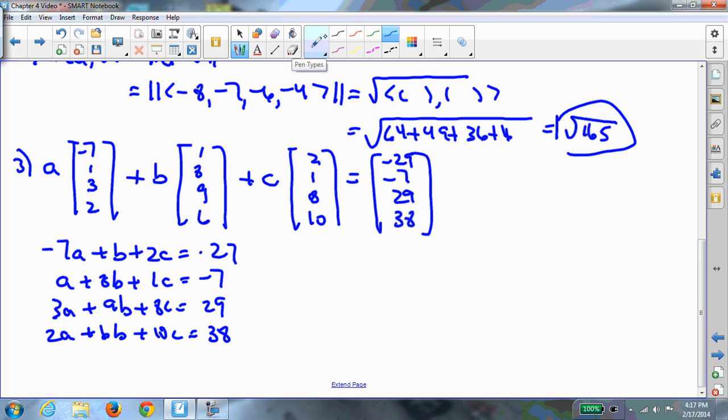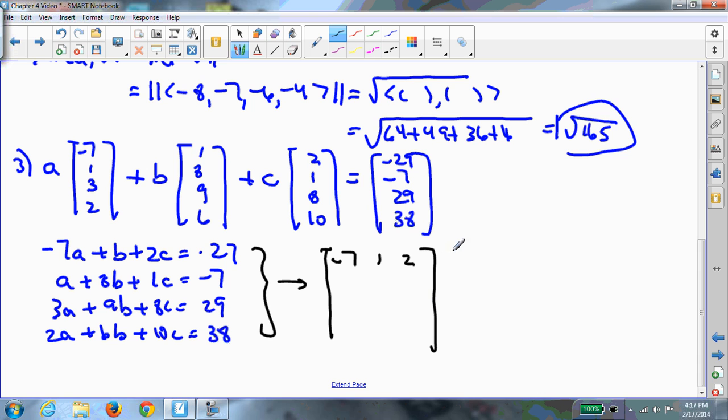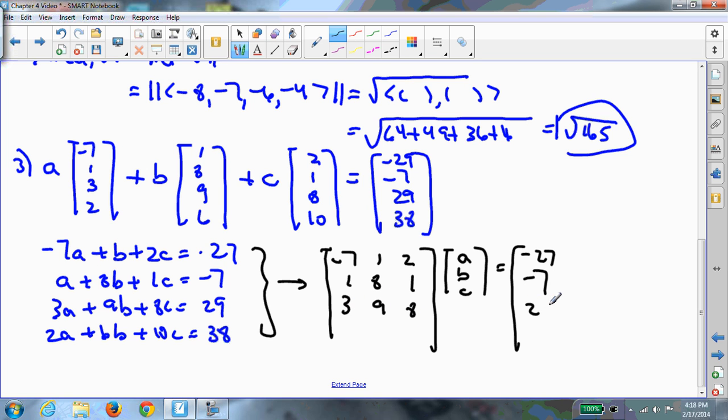However, if I change this to a matrix, that would basically be the same as saying a matrix with -7, 1, and 2 in the first row, times the vector a, b, c, has to equal -29. And the second row would be 1, 8, 1 would equal -7. 3, 9, 8 would have to equal 29.